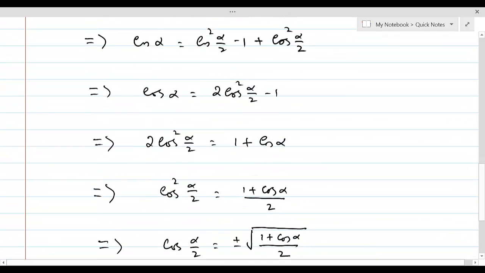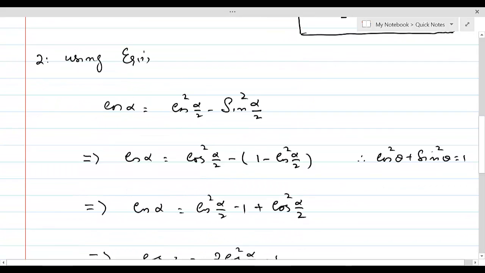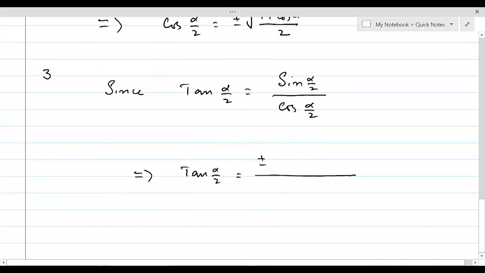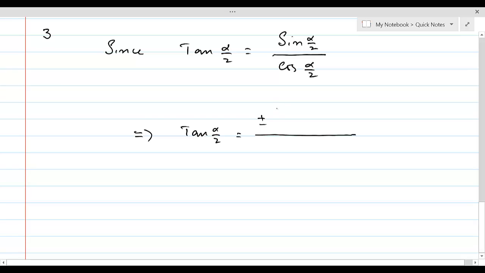For sin(α/2), we have calculated the square root of (1 minus cos α) divided by 2, and similarly here we have (1 plus cos α) divided by 2.